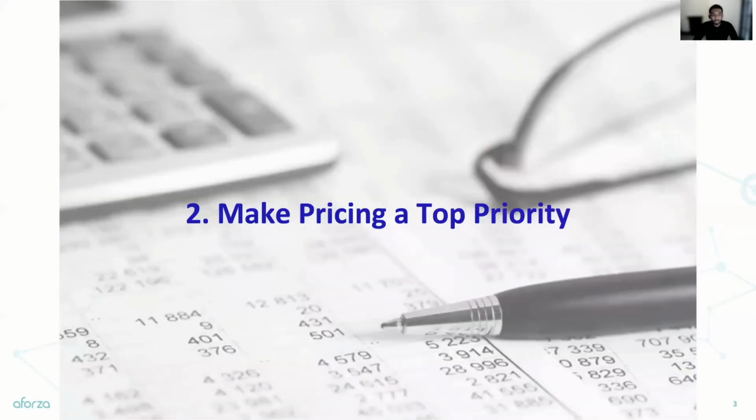Number two, make pricing a top priority. So of course, you're going to have a number of things and a number of functions that you need to implement with Aforza. You know, we do retail execution, trade promotion management, logistics. But really what's at the core of a lot of those processes is pricing.